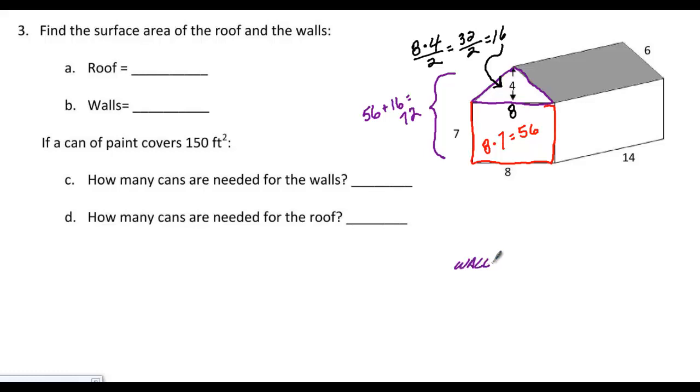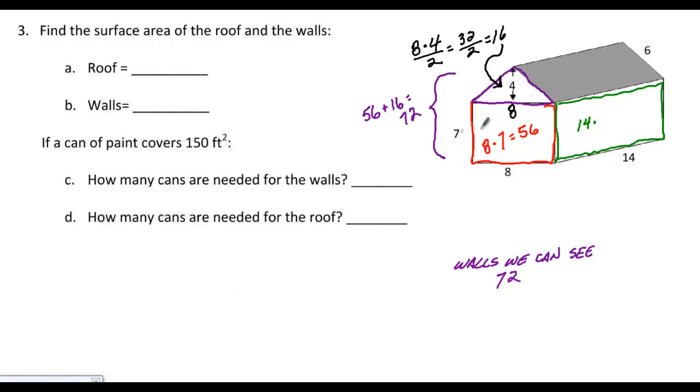This is walls we can see. And so far, for the walls we can see, we have 72. Now, we also have a piece of wall right here. And that piece of wall has a base of 14, so 14 times, and it has a height of 7.